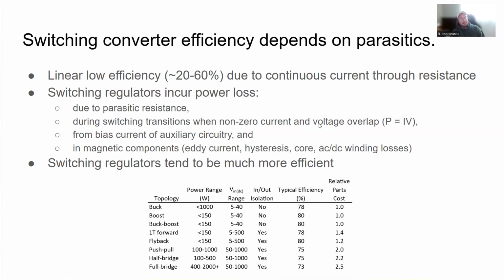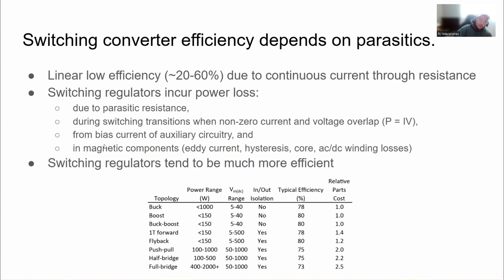You won't really see anything above maybe 1 megahertz, because at that point the switching loss starts to take over and dominate to the point where it's not even really that effective to be switching that fast.